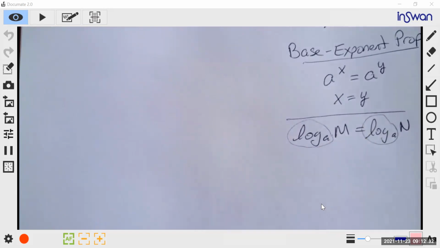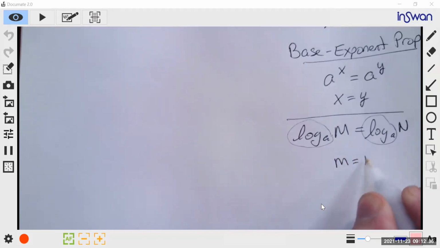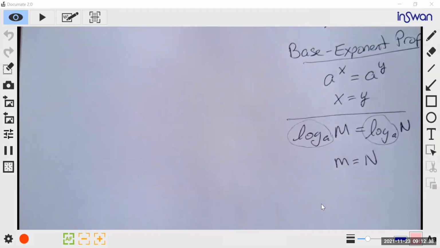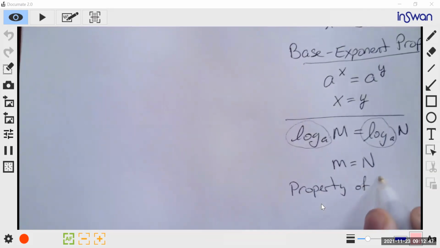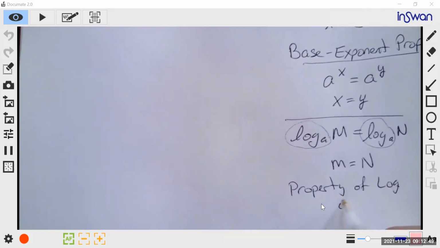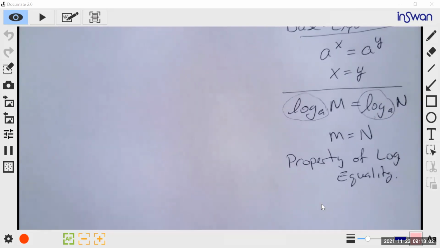Since they're both log base a's, the only way they can be equal is if m equals n. That's called the property of log equality. So if the logs are the same, then the arguments have to be the same.